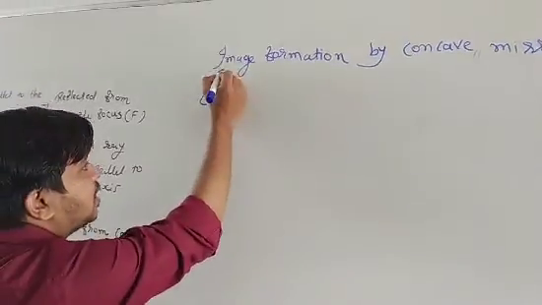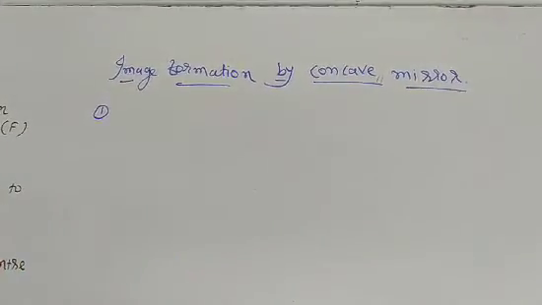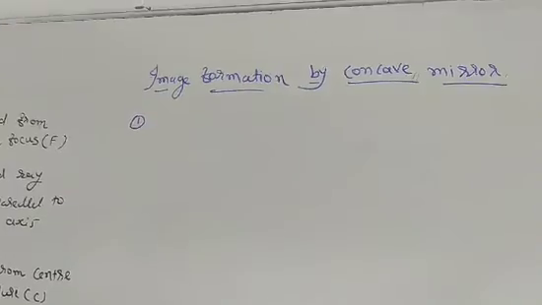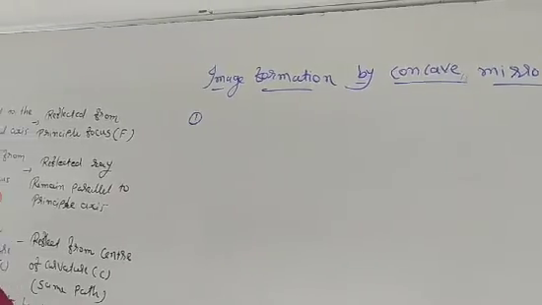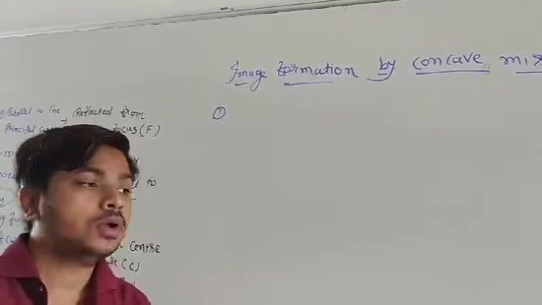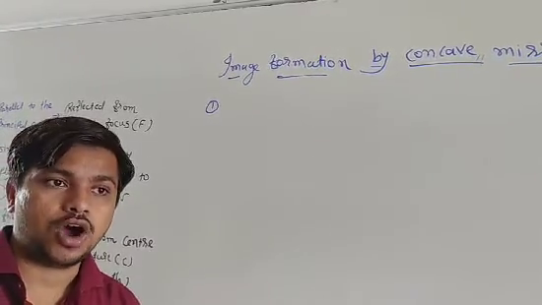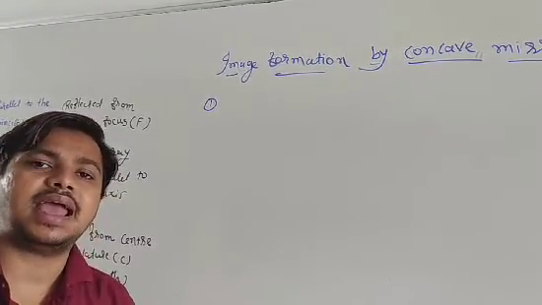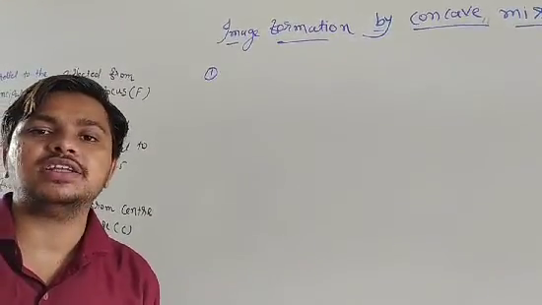So here it is, image formation by concave mirror, in which you have to use a concave mirror and put an object at some distance. I have told you how you can draw a concave mirror. For that you have to take a rounder of 6 cm radius. You can take any, but why are we taking 6 centimeters here?